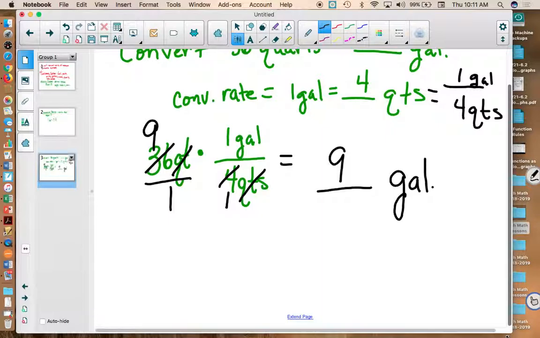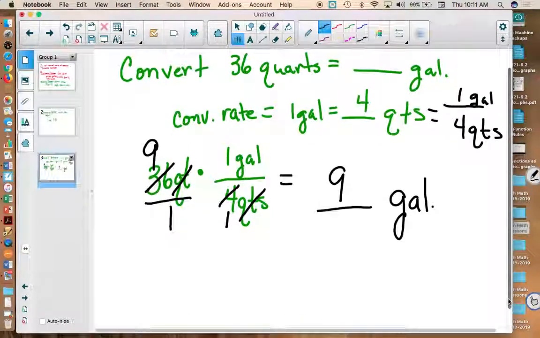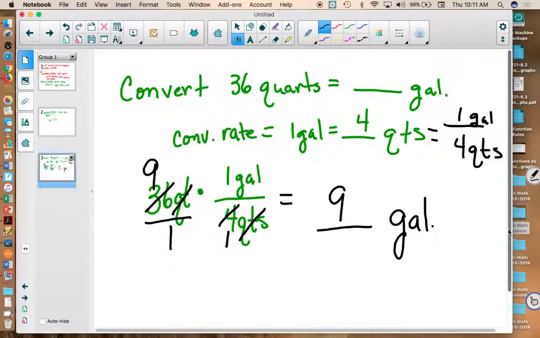Or was the question asking me to go from a smaller measurement to a larger container? Larger to a smaller. Small containers to the larger. Okay? Technically, we're multiplying, but we're actually dividing. But in using the rate, it wants us to learn it a different way. Okay?